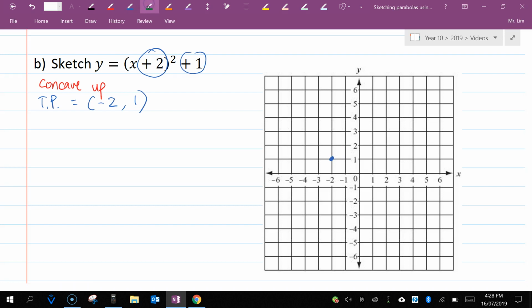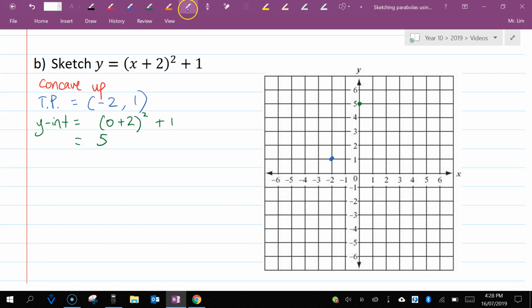All right, the y-intercept. We let x equal 0. 0 plus 2 squared plus 1 is equal to 4 plus 1, which is 5. Now, because we know it's concave up, it's going to go through those 2 points.